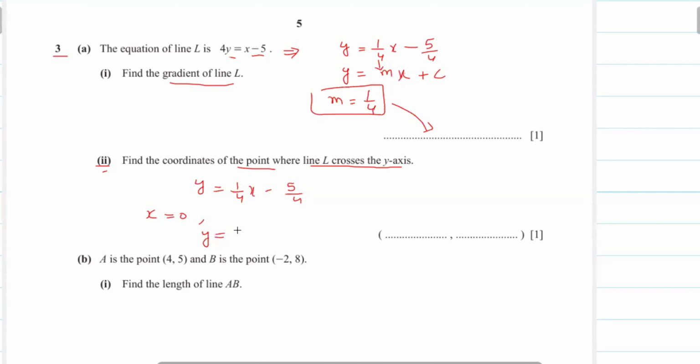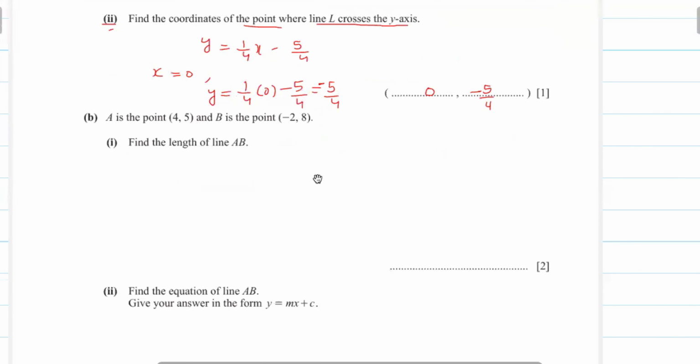We get y equals 1 over 4 into 0 minus 5 over 4, and this will be equal to minus 5 over 4. Therefore, the coordinates of the point where the line crosses the y-axis will be (0, minus 5 over 4). (0, minus 5 over 4) is the answer.